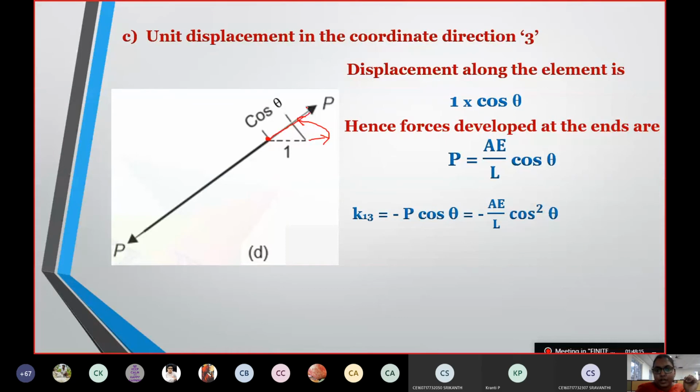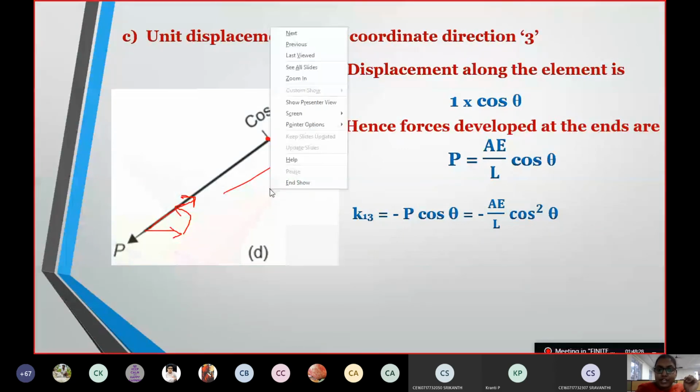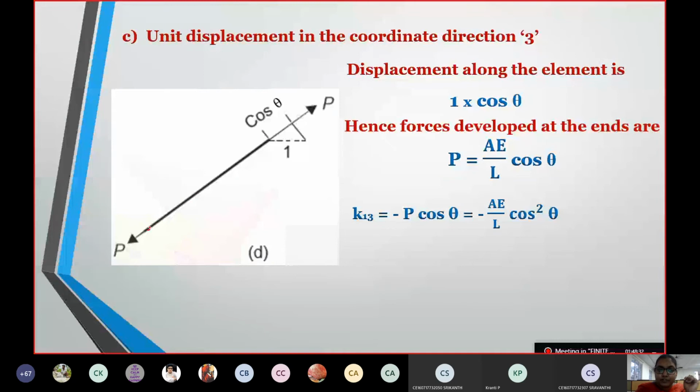But K13, if I give and I impose it to the member, what is happening? The displacement is happening along the direction that I am giving, which I don't want. I need this displacement of this coordinate to be restricted. So I need to give equal and opposite in the opposite direction. So K13 will become minus P cos theta.